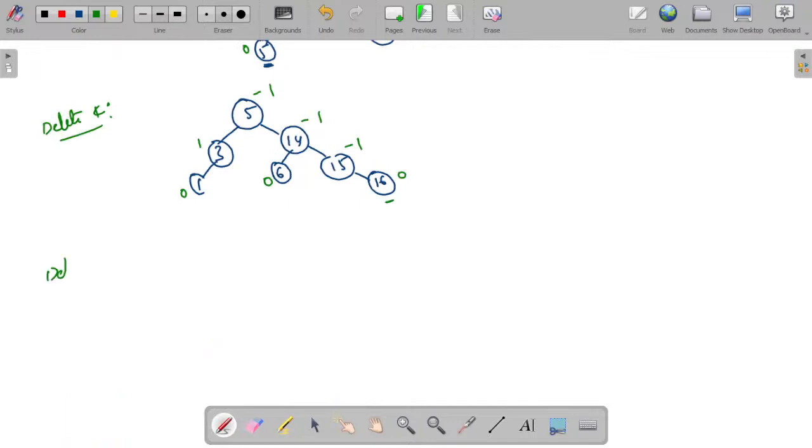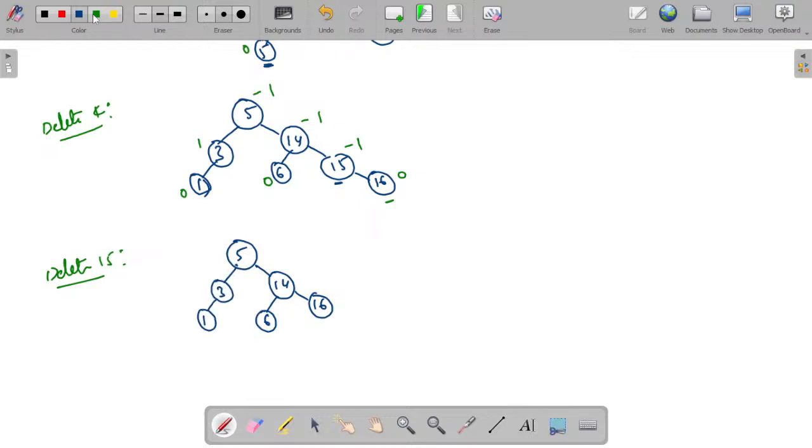Delete 15. Okay, now I'll delete 15. Where is 15 at? 15 is the parent node, which is having only a single child. So we'll swap 15 with 16 and delete it. So we'll write the updated tree. 14, 16 comes to the position of 15, 6, 3 and 1.